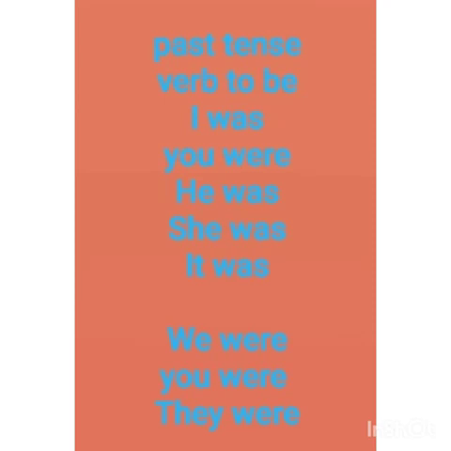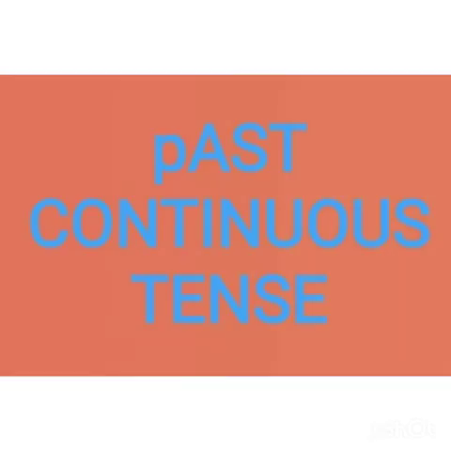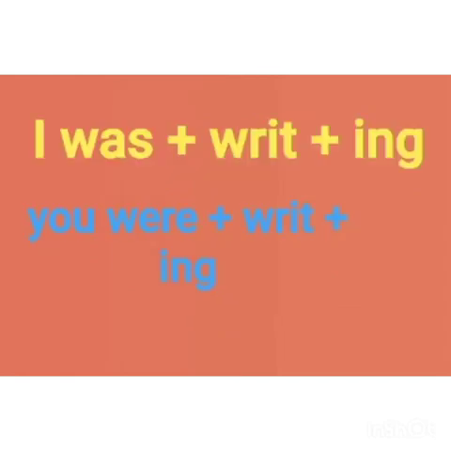If we want to write the past continuous of the verb to write, it will be written in the following manner. Verb to write, past continuous tense. I was plus WRIT plus ING is equal to I was writing.